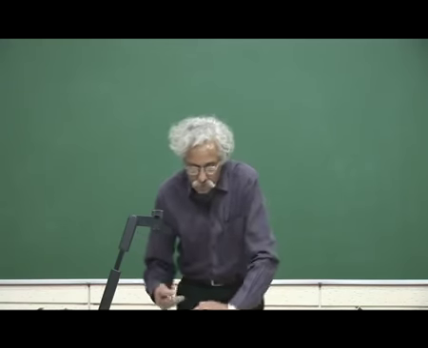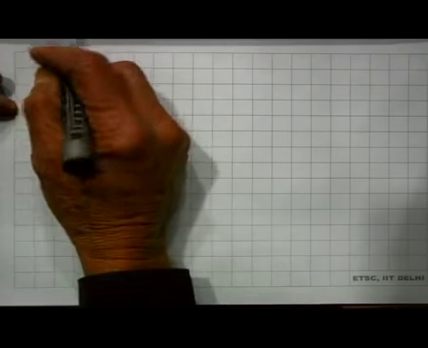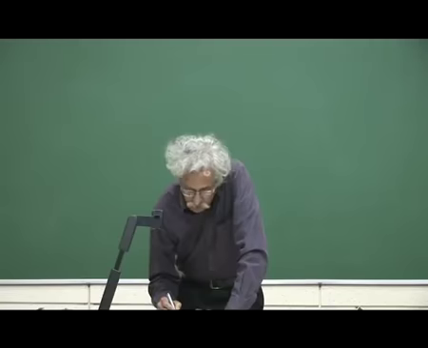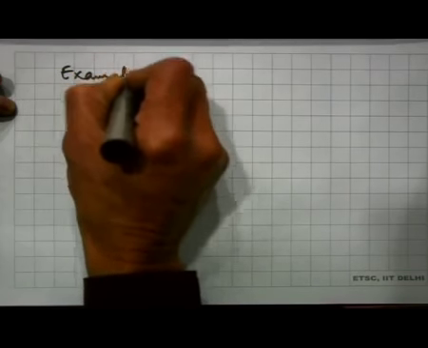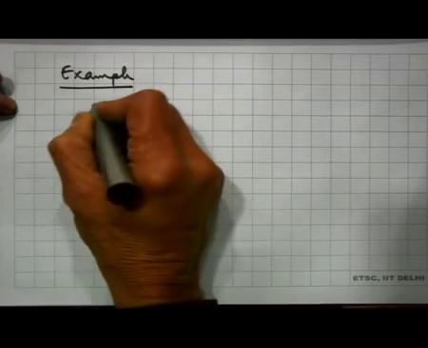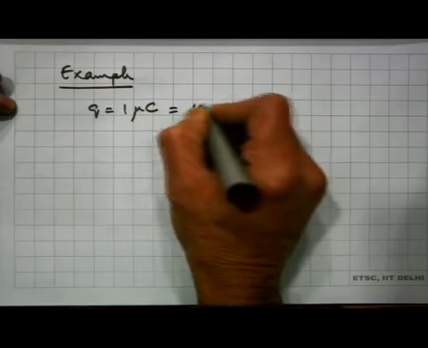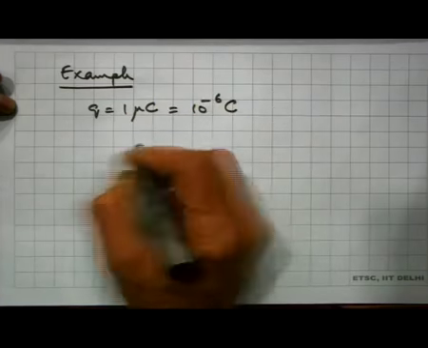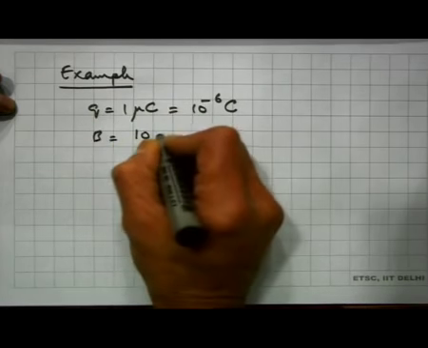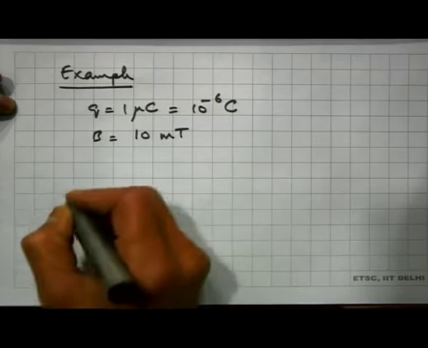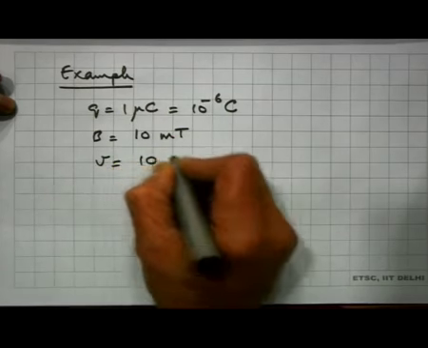So we can see here, let me take an example. Let me take a charge of 1 microcoulomb, which is equal to 10 to the minus 6 coulomb, a magnetic field of 10 millitesla, and let me assume the charge is moving at a velocity of 10 meters per second.